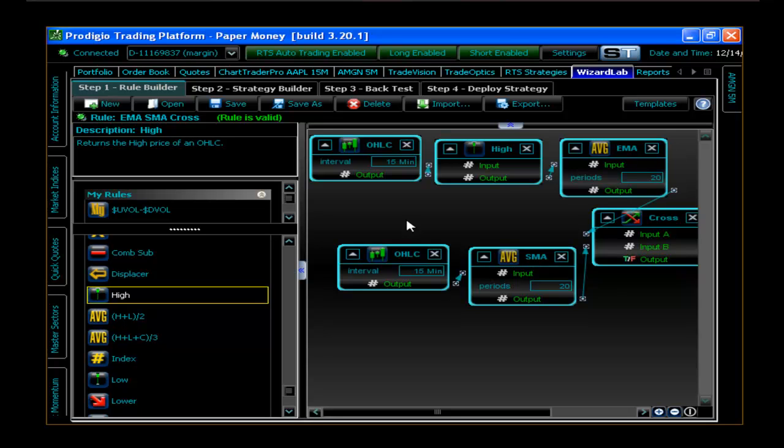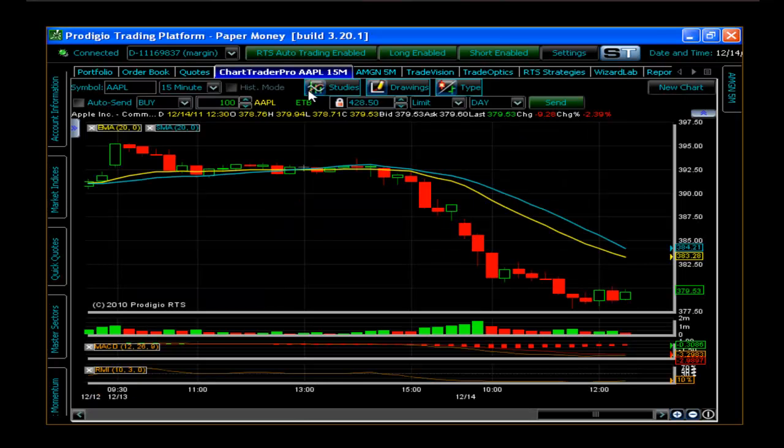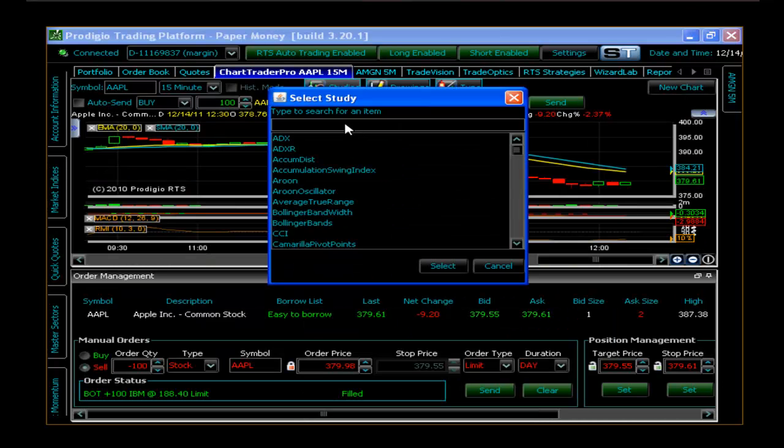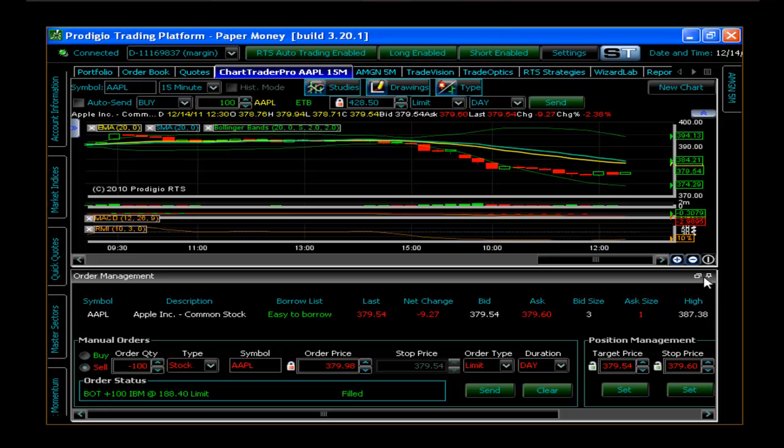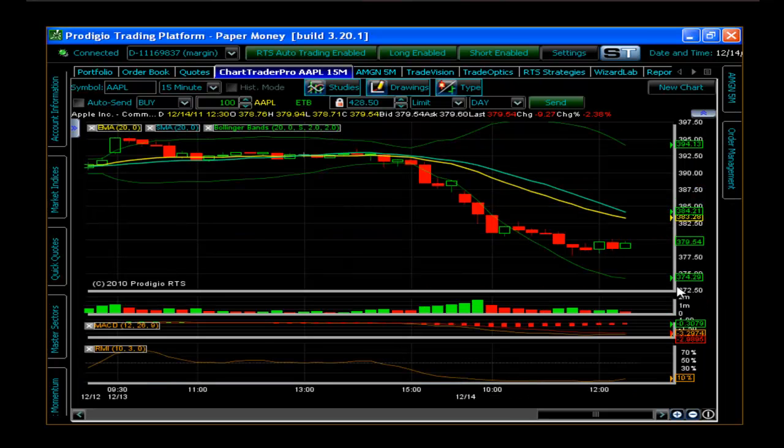So you can redirect and reinterpret these values in any way that you want. Specifically, if you're looking at one of these band studies, for example, a Bollinger Band study, or a Keltner channel, but I like Bollinger Bands a lot because they use standard deviations. Standard deviations are very useful.